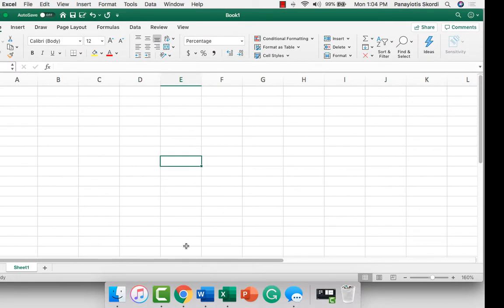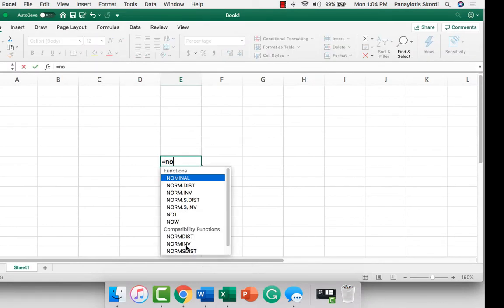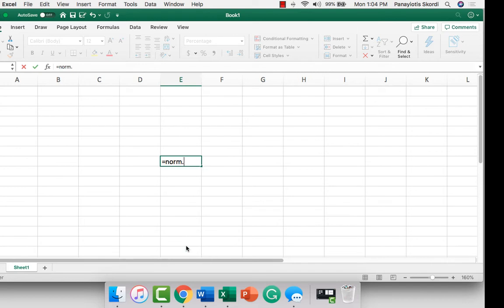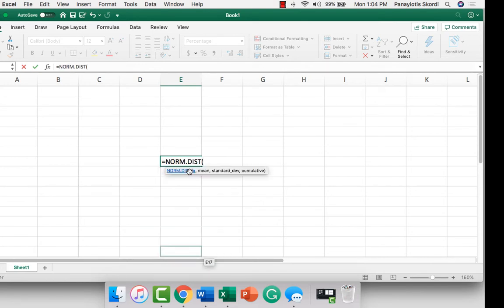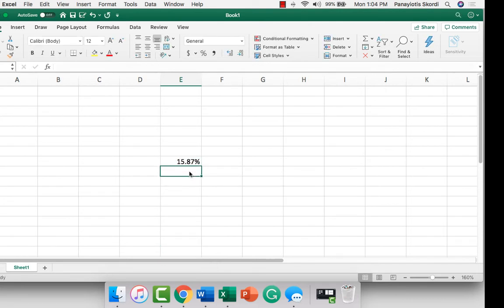So it's going to be equal to norm.dist, and 300, 320, 20, and 1. And we're going to get an answer of 15.87%. We can make that a little bit more accurate.